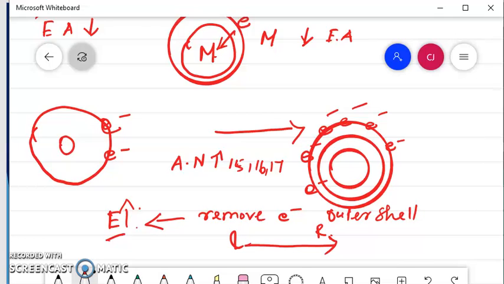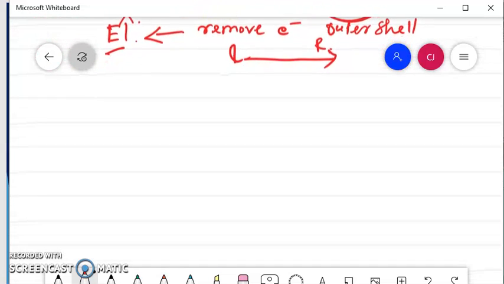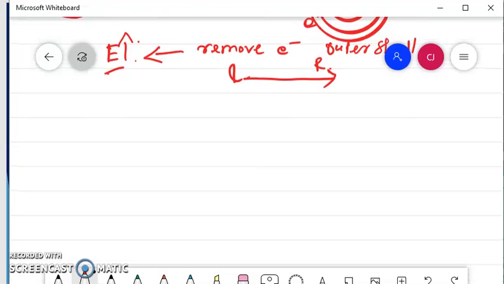If we go with electronegativity also, it increases with rising atomic number. That we have seen. First, electronegativity increases as the atomic number increases.